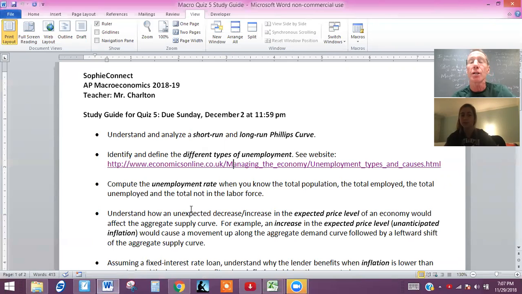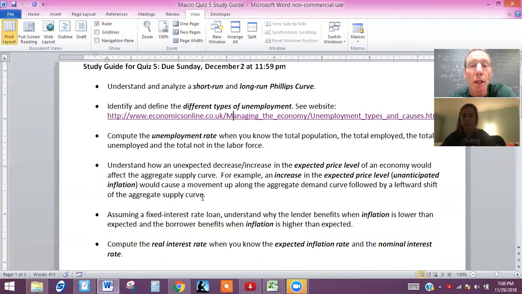So it's the percentage of people who aren't working but are considered to be in the labor force actually looking for work, okay? Because it would not make any sense to count children or people who are retired, so we only count in the workforce. Okay.